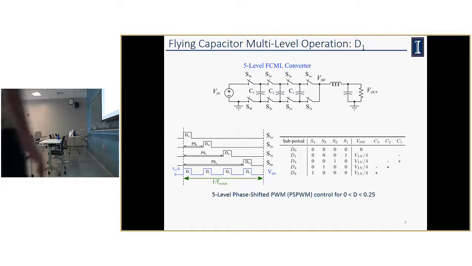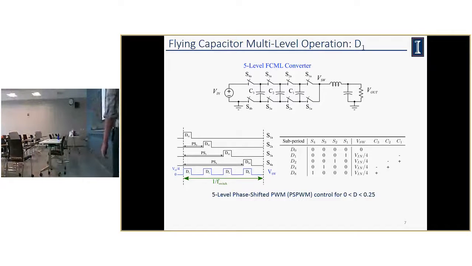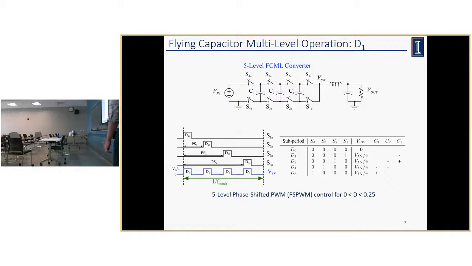So in this case, you notice that the charging of C3 is completely independent of the rest of this. So in the case where you're generating Vn over 4, there's no other charging going on while you're charging this D8. So you have an opportunity to independently charge and discharge C3.